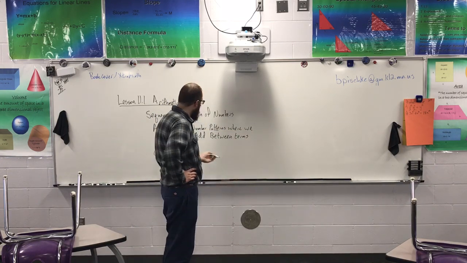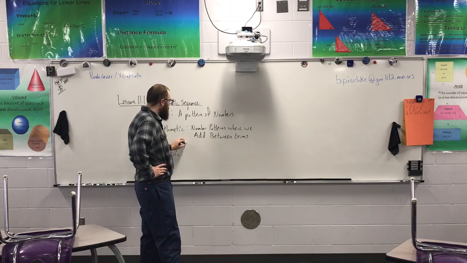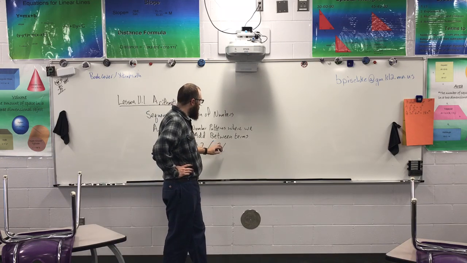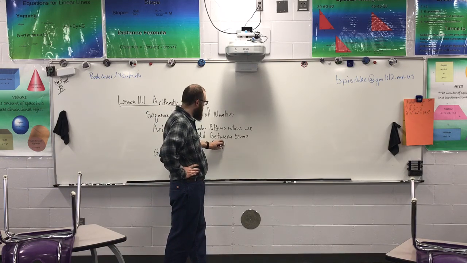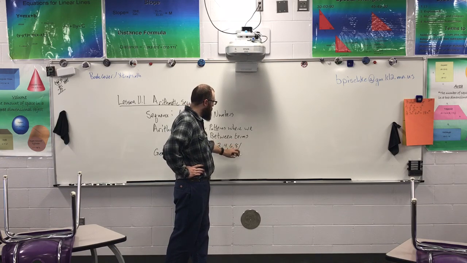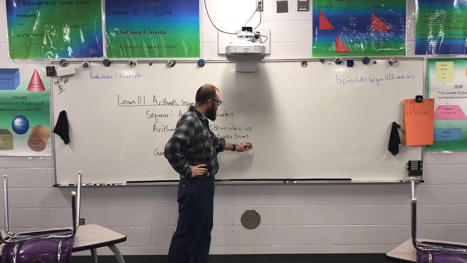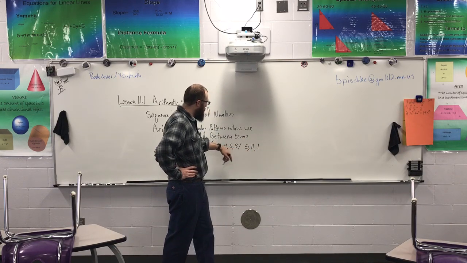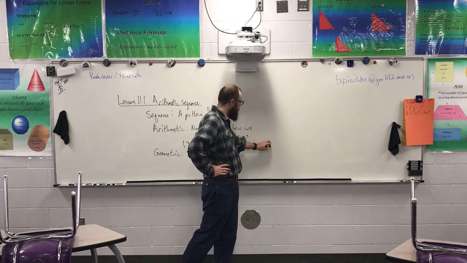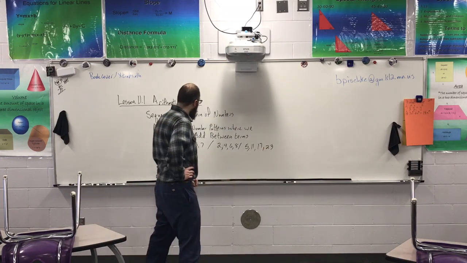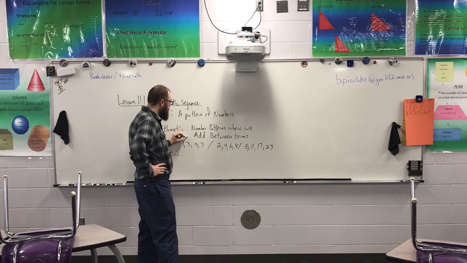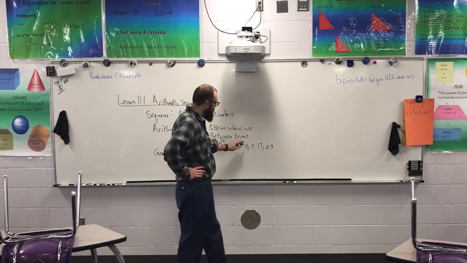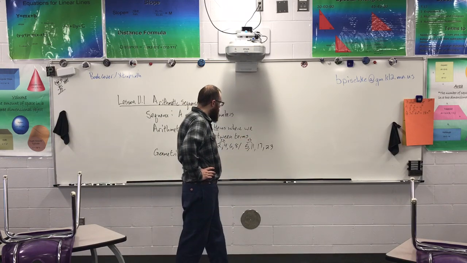Examples of arithmetic sequences would be things like 1, 3, 5, 7, 2, 4, 6, 8, 5, 11, 17, 23, etc. So this one is a +2, this one is a +2, and this one is +6 between terms.